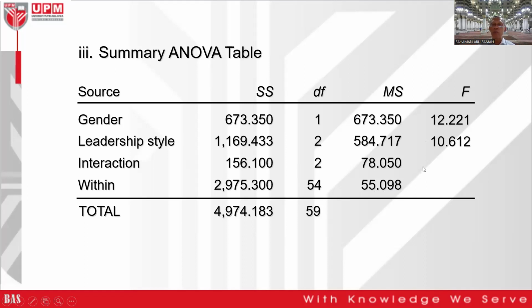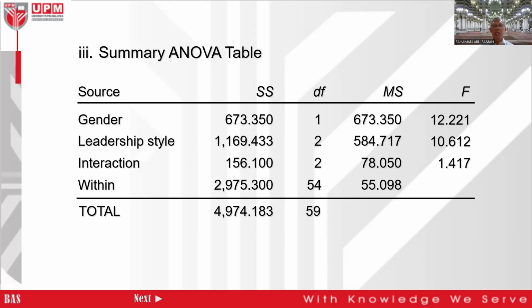That will give us 10.612. And then for interaction it will be 78.050 divided by 55.098. That will give us 1.417. Now we have all three F ratios: for gender, for leadership style, and finally for interaction.